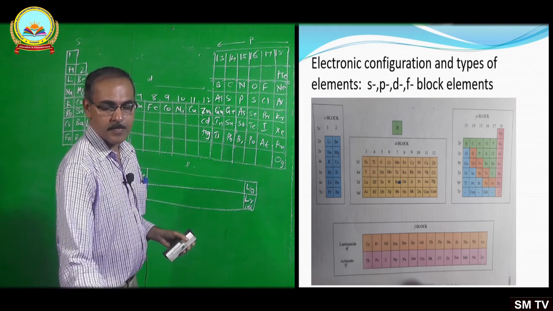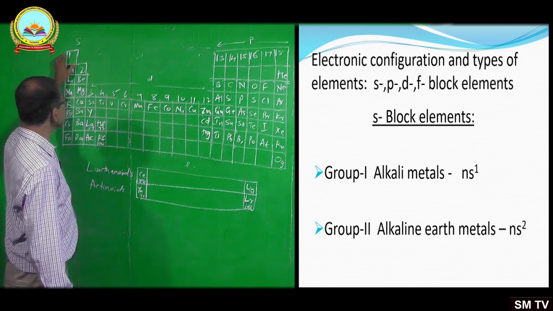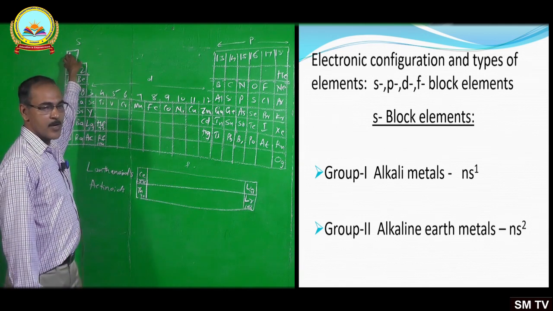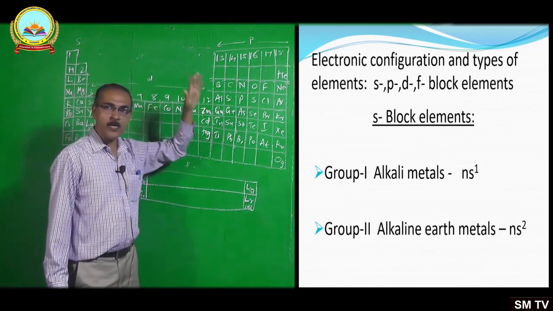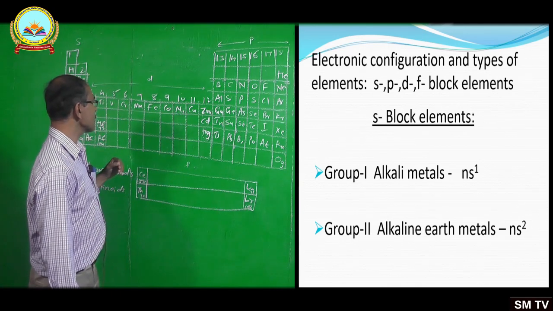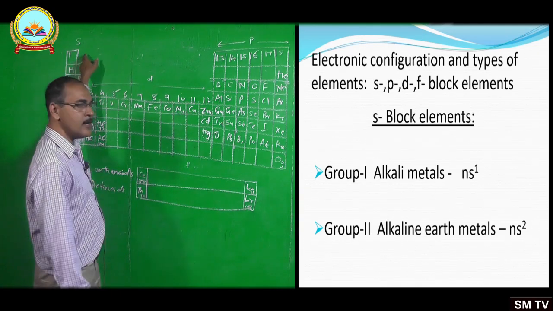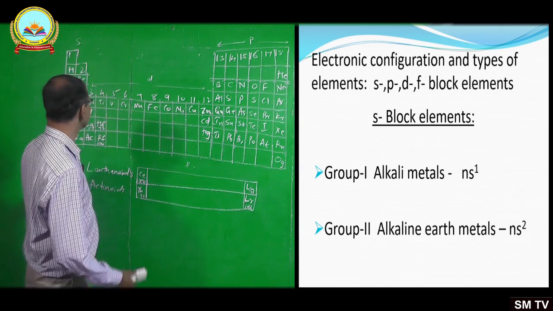These elements of groups 1 and 2 are called S block elements because the last electron enters into the S orbital. So, they are called S block elements.